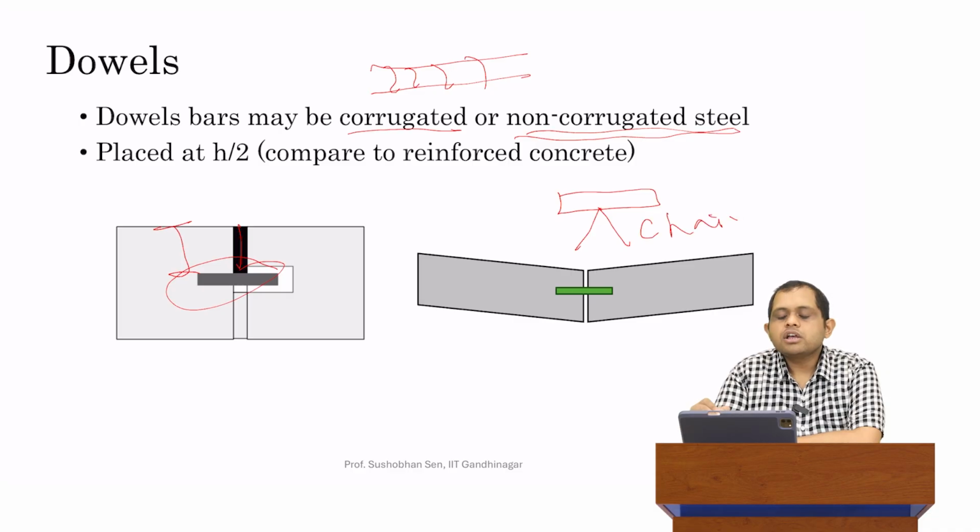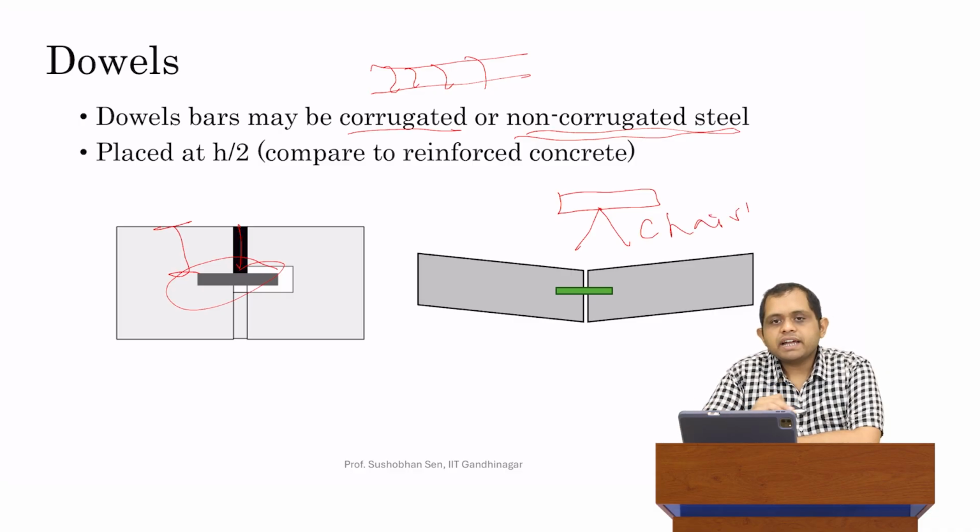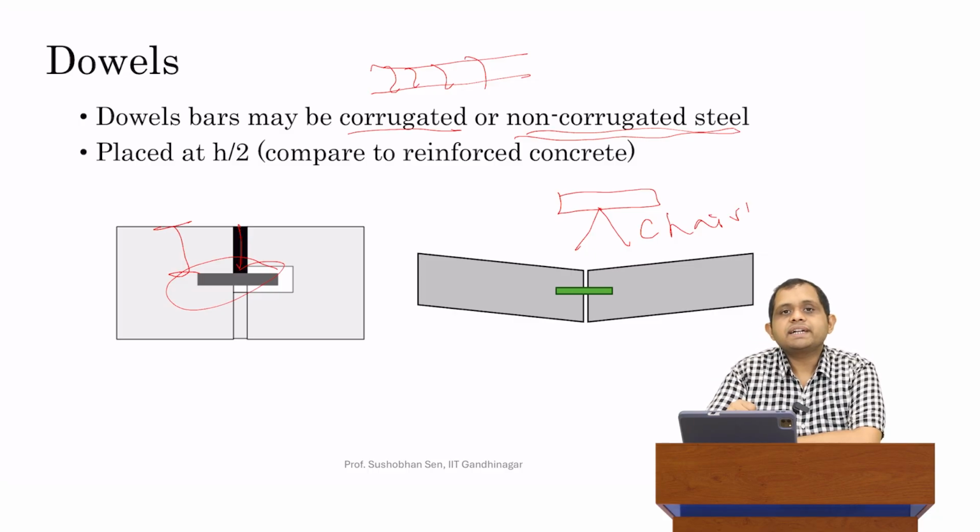So this is called a chair. We put it on a chair. We lay it out at whatever appropriate locations where we expect joints to be sawed, and then we pour concrete over that. So the concrete covers this entire dowel, and then we saw up to a depth of H/2, such that below that a crack would form later. So this depth of H/2 is where we place the dowel in the case of JPCP pavements.